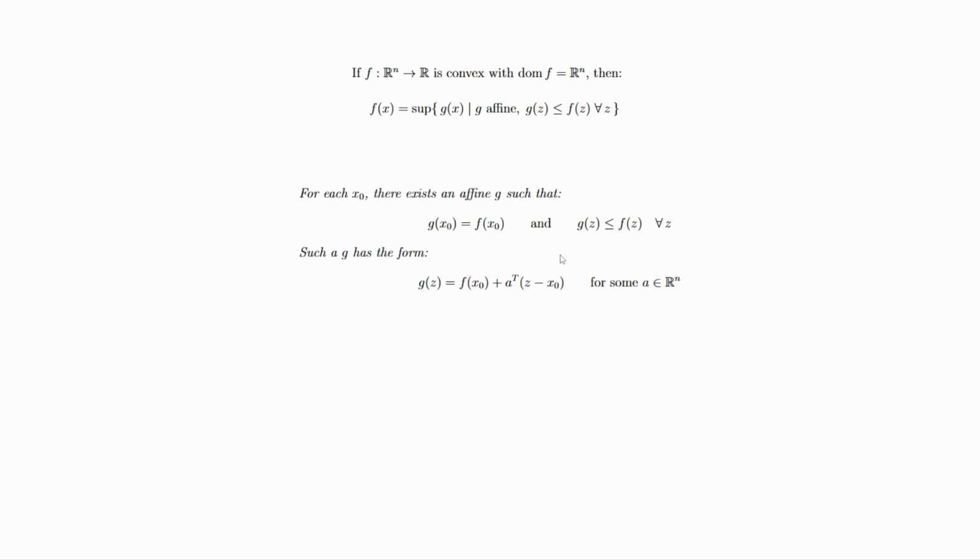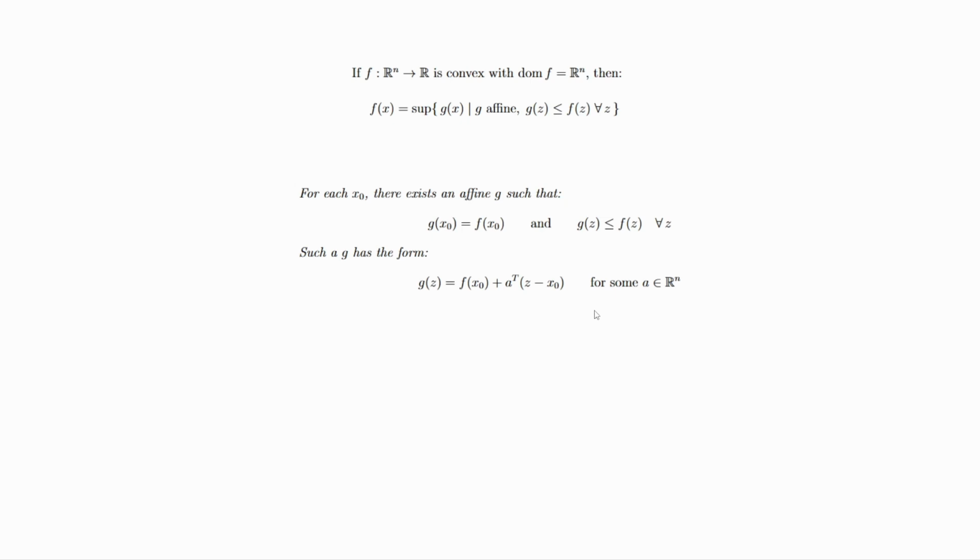In other words, this is exactly the definition of a supporting hyperplane. Or in one dimension, you can think of a tangent line. So at every single point, there's an affine underestimator that's tight there. Taking the supremum of all of them, you recover f exactly.